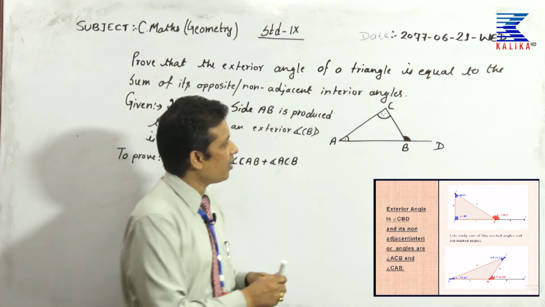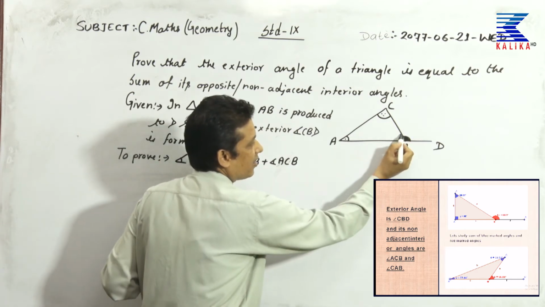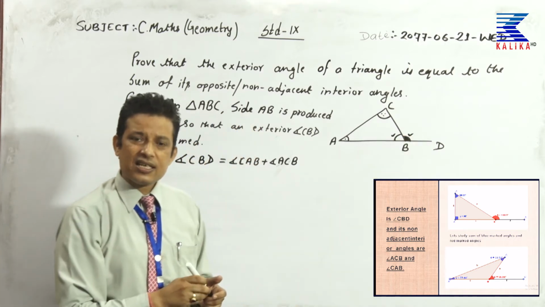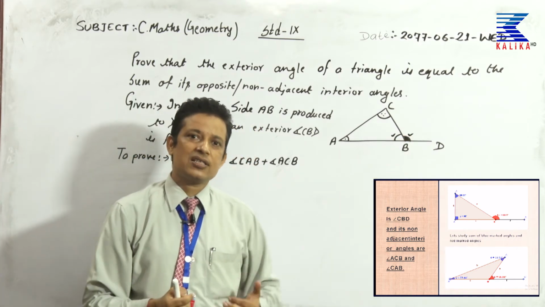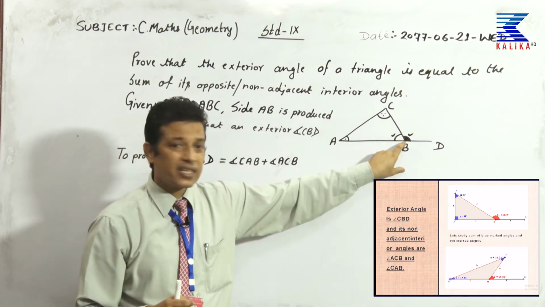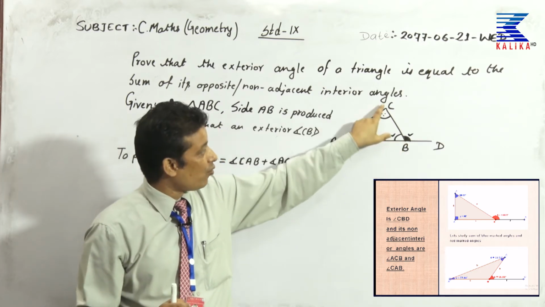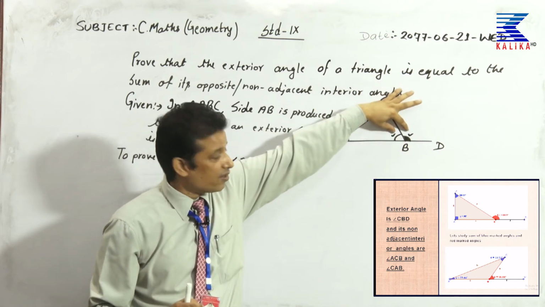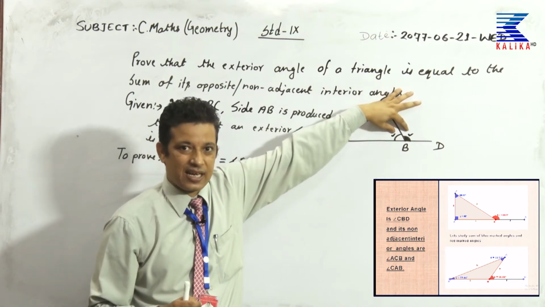This angle CBD and this angle, these two angles are adjacent angles. Adjacent angles means two angles are said to be adjacent angles if they have one vertex, B, in common and one arm in common, BC is the common arm. So, these two angles are adjacent angles.